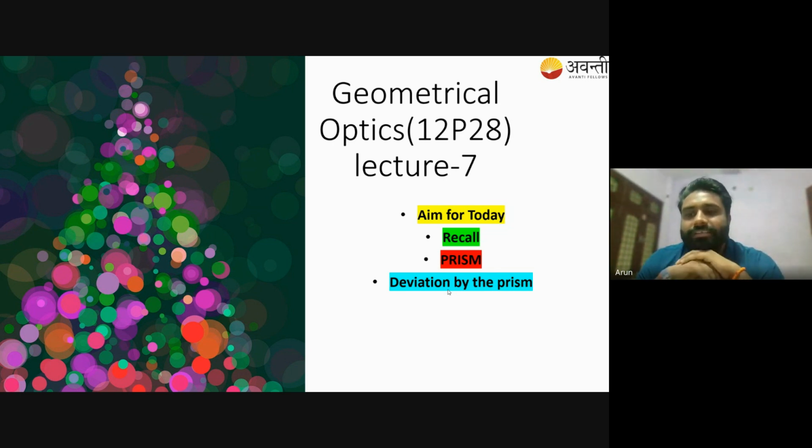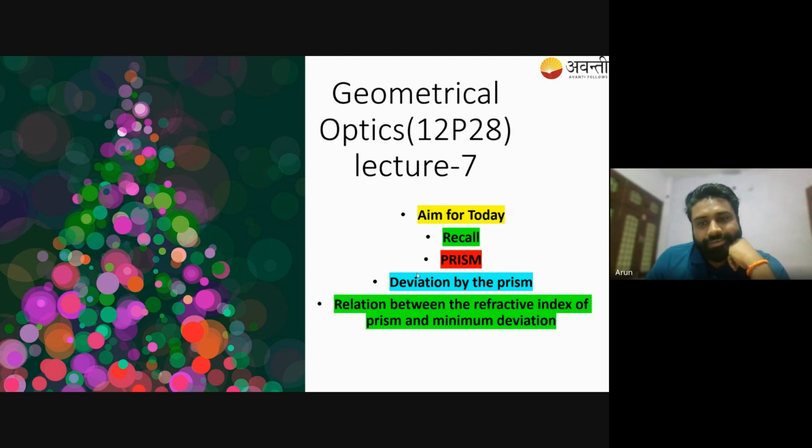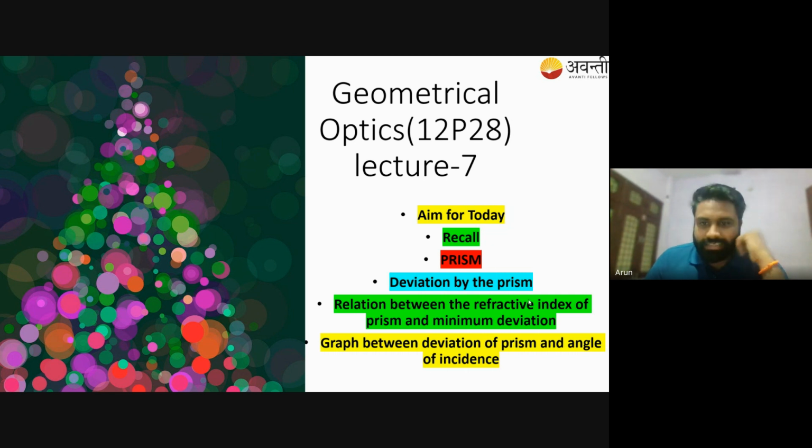Then we are going to learn the relation between the refractive index of the material of the prism and the minimum deviation. It is an important formula; you can just learn it because a direct question has been asked from this formula. Then we will see the graph between deviation of the prism and angle of incidence.